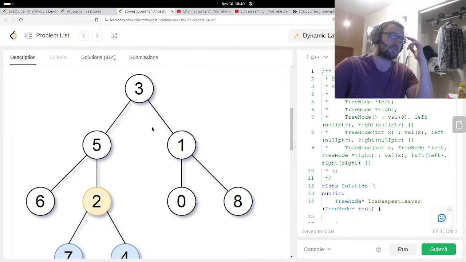If that's equal to the greatest depth, then compare that node to the node that also has the same subtree of depths, and get the smallest one. Yeah, the smallest.